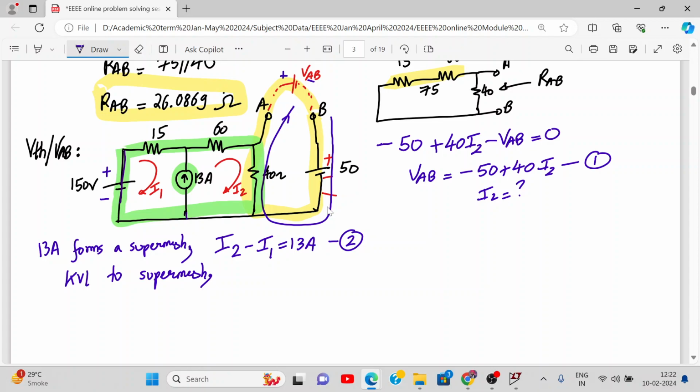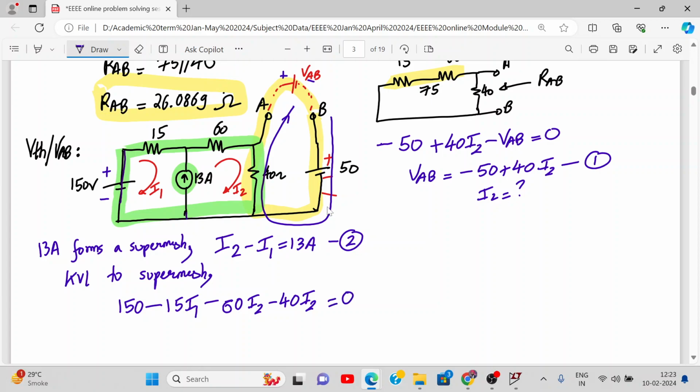What do we get? 150 minus 15 I1. Don't go over here, then go here. Minus 60 I2, correct? Minus 40 I2. Yes or no? 40 I2 equal to 0.